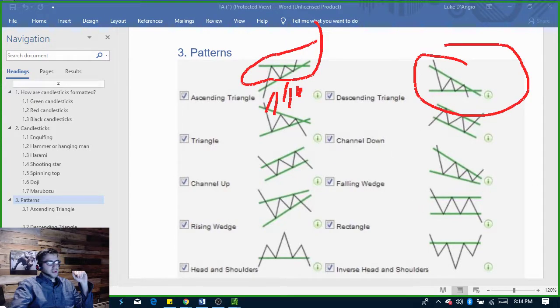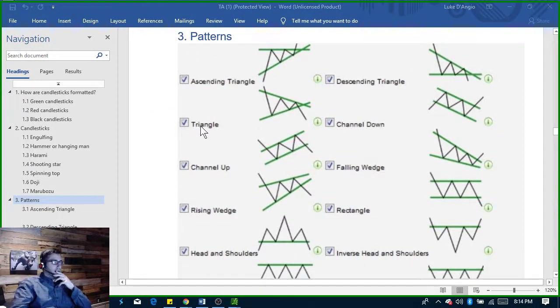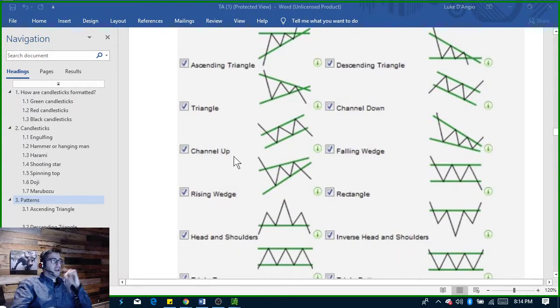Let's see. Oh, close drawing. I like a rising wedge, and I like a descending wedge. It's very similar to an ascending or descending triangle. As a matter of fact, its only difference is that it kind of does the opposite.